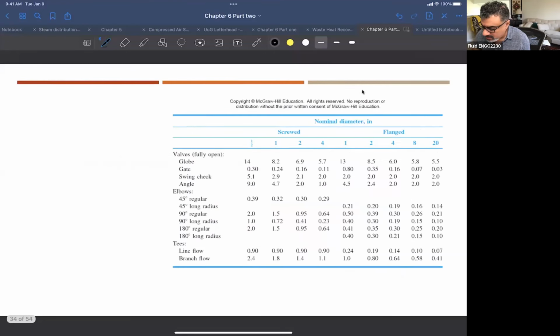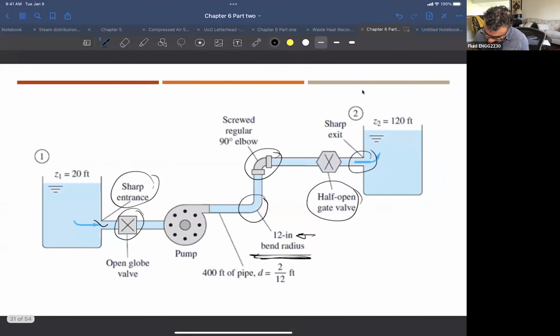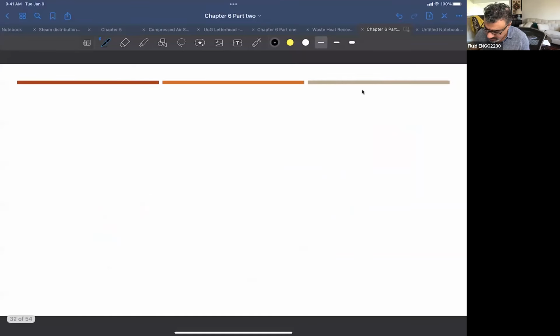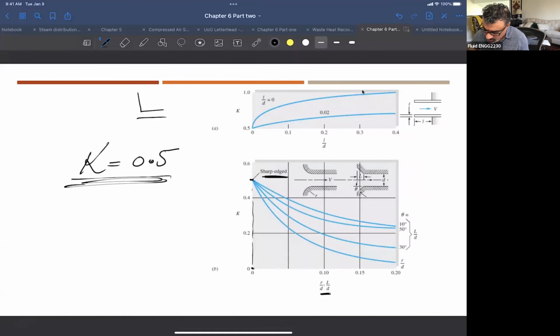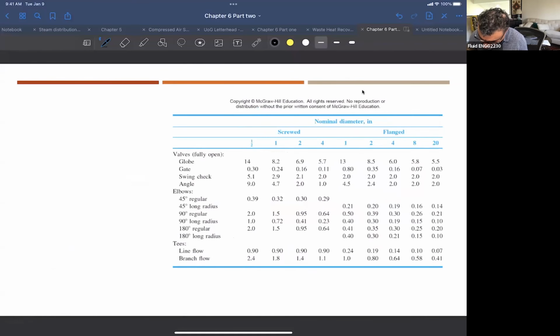The second one is the open globe valve, right? So an open globe valve installed in a 2-inch pipe diameter. So for the globe valve, this is fully open. We have two options here, flanged and screwed. It doesn't look like there is a flange here, right?